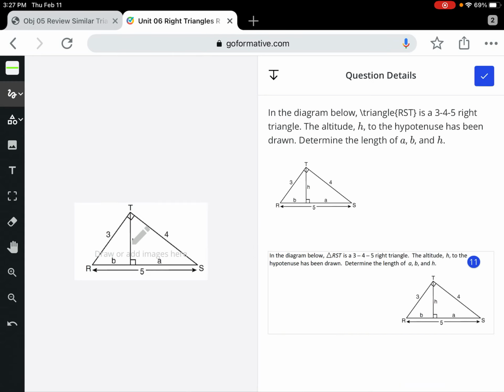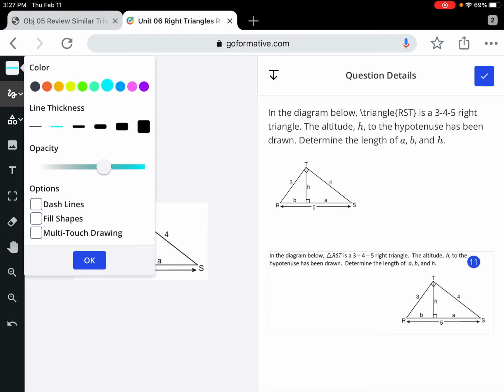Okie doke. Let's go to this guy. All right, something very similar. This is a 3, 4, 5 right triangle. I have the same relationship though.